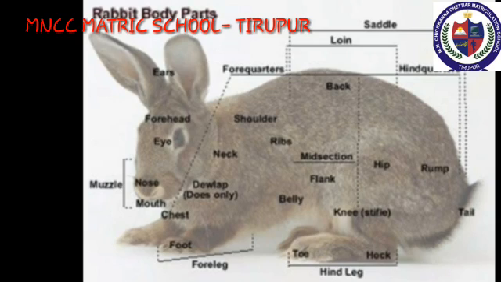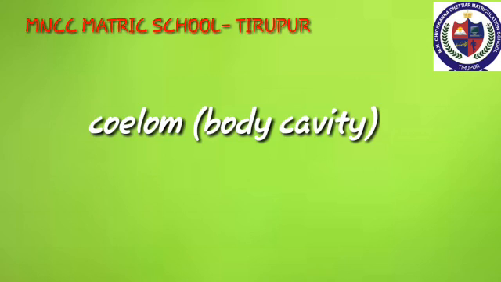Mammary glands are modified glands of the skin. They secrete milk and help in nourishing young ones. The sweat glands and sebaceous glands help to regulate the body temperature. Coelom, body cavity. Rabbit is a coelomate animal.